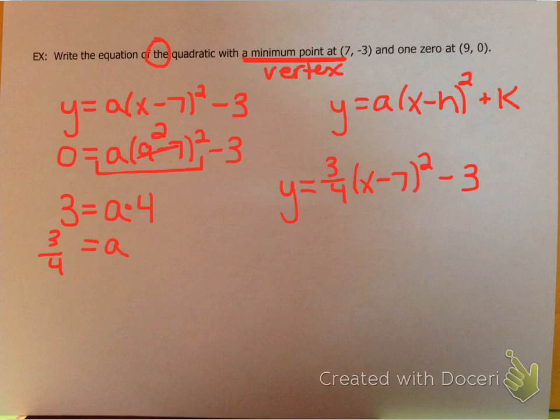Okay, now remember, we're not going to leave our equations not multiplied out, but also there's no vertex form for cubics and for most quartics, so we're going to go ahead and multiply it out anyway. So we have 3/4 x minus 7 squared would be x squared minus 14x plus 49.